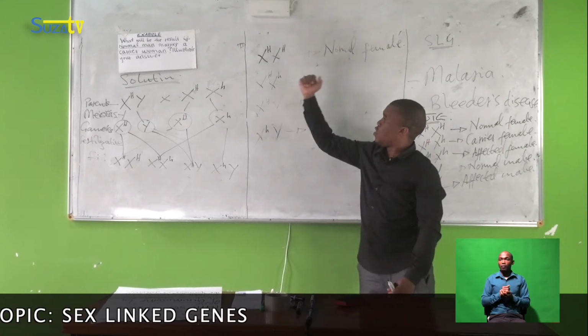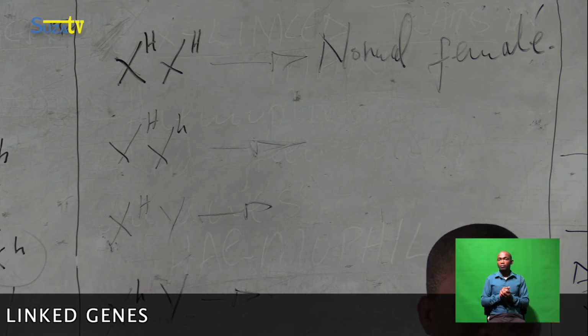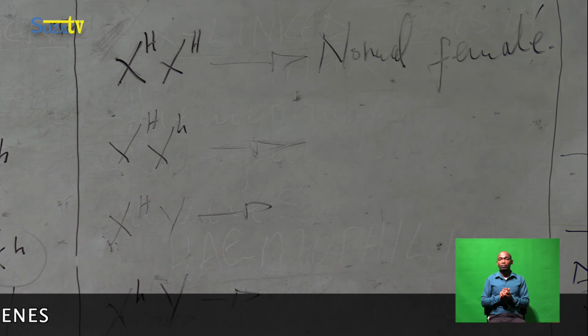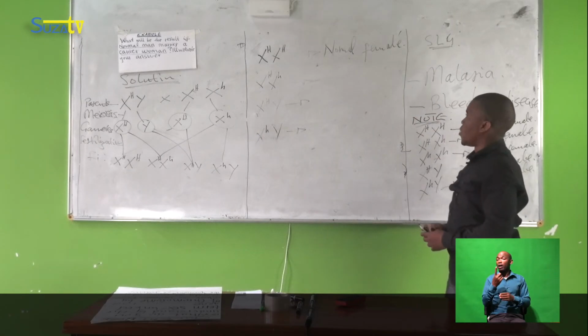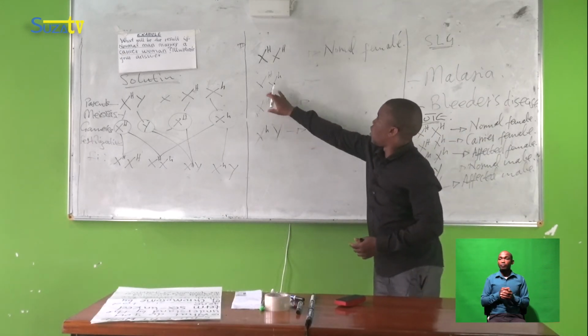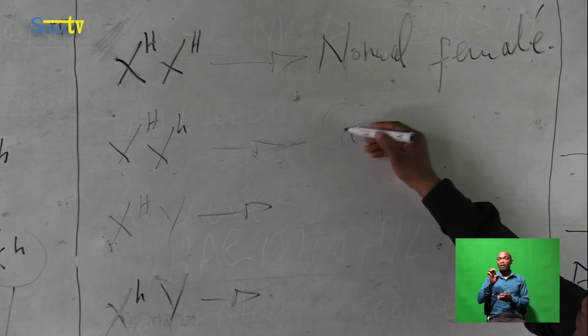What's the state of this one? Who can try? Zuena, can you try, please? The state? Loudly, please. Thank you. Clap one for Zuena. Good. Zuena said the state of this one is, we may say, carrier. Good.